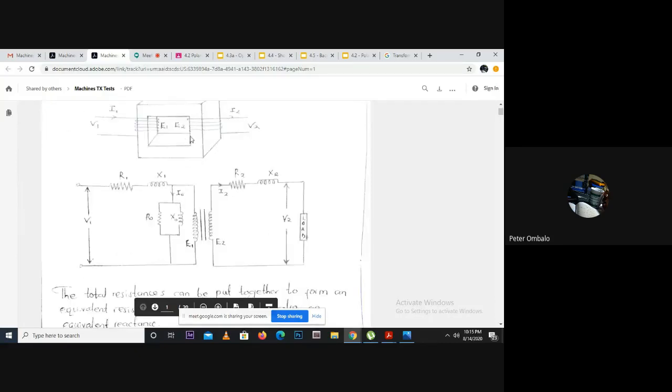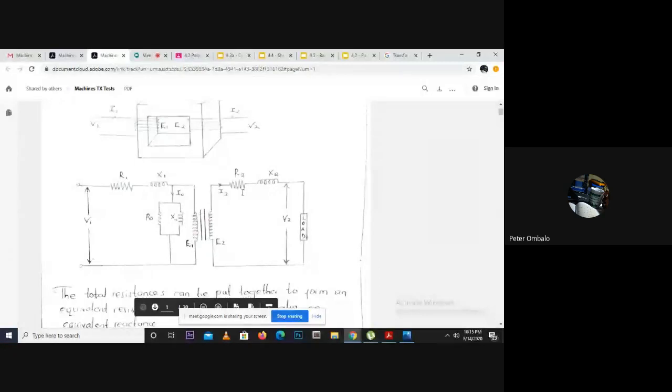So let's dive in. This is what an equivalent circuit of a transformer looks like. If we have a transformer like this, we can generate an equivalent circuit like this one here. And if you notice, there are 2 parts of the primary side. There's R1, X1, and then there's this part that has R0 and X0 in parallel. The R1 and X1 represent the copper losses in the primary side, and the R0 and X0 represent the core losses or the iron losses.